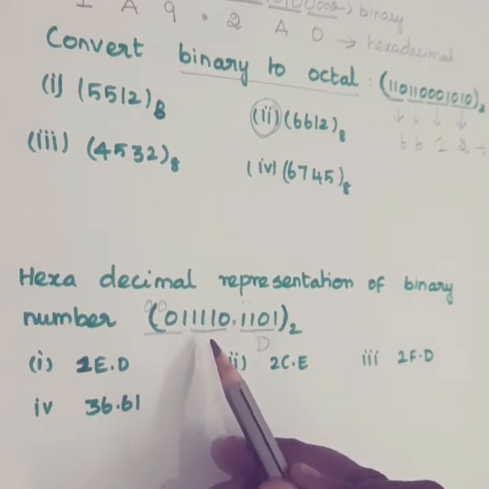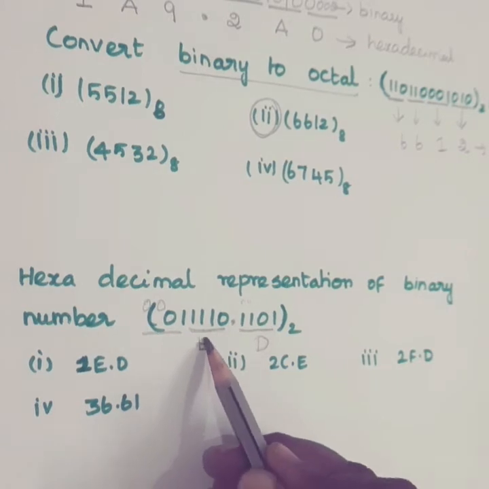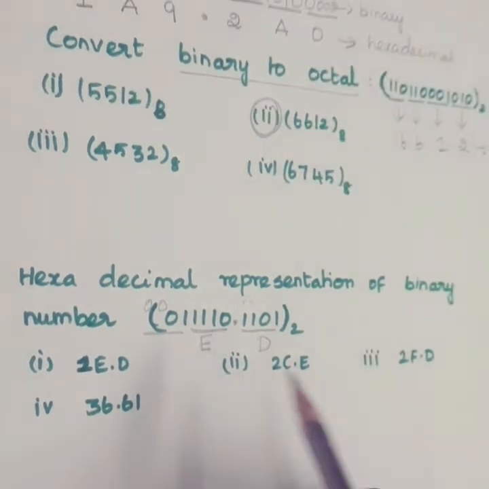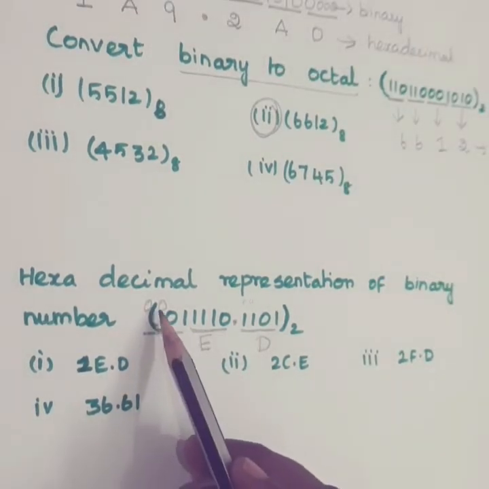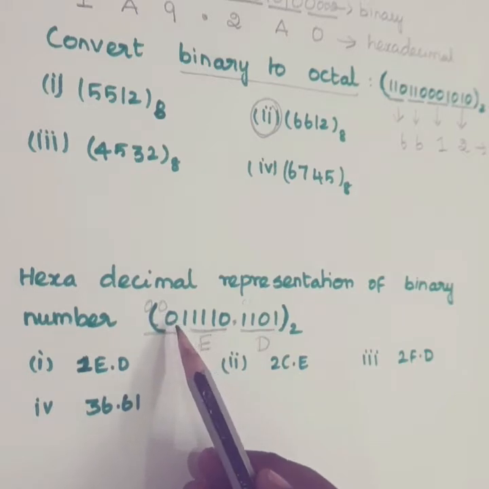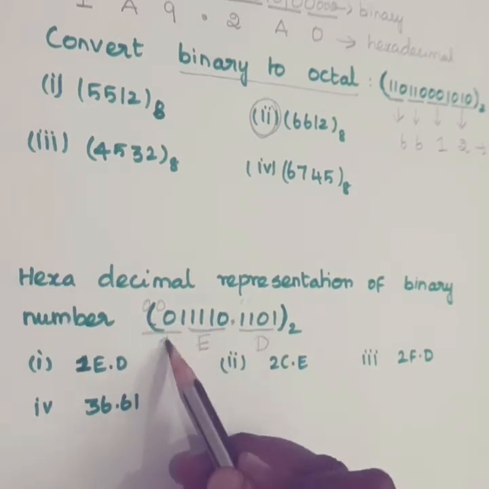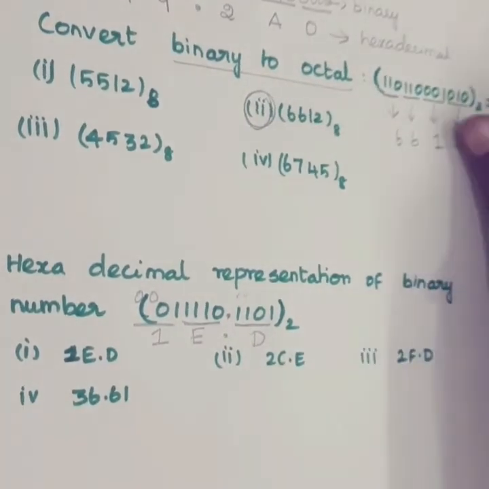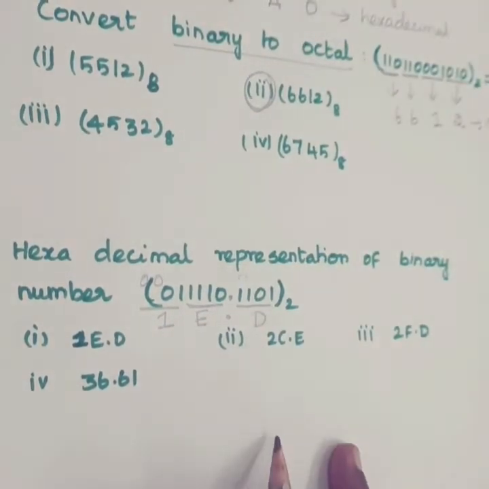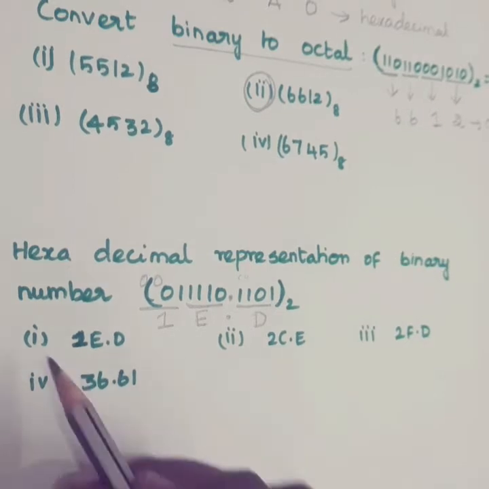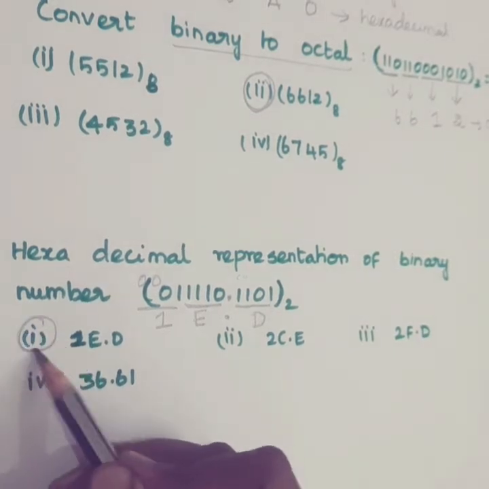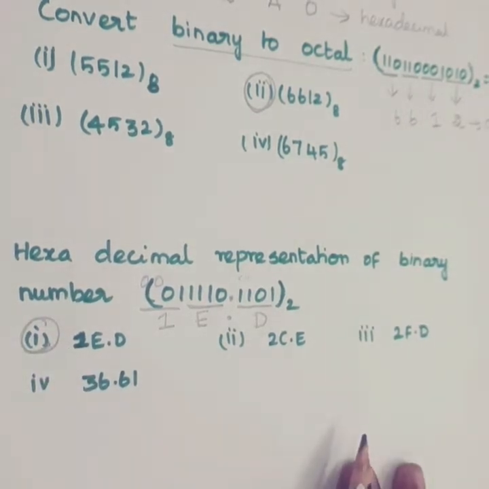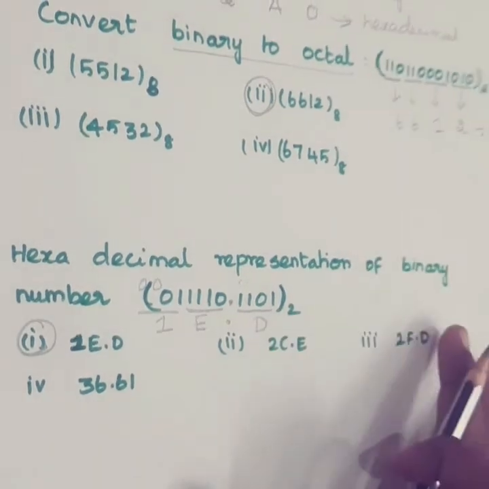In hexadecimal 14 is E. And 0001 is 1. So this is the equivalent hexadecimal value, that is 1E.D. That is option 1. So option 1 is the correct answer.